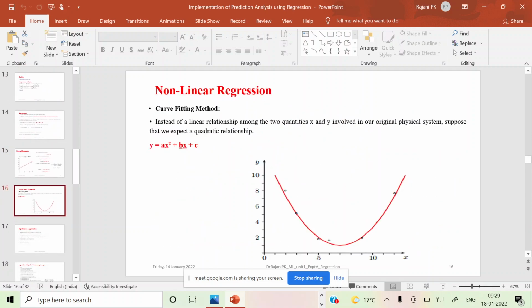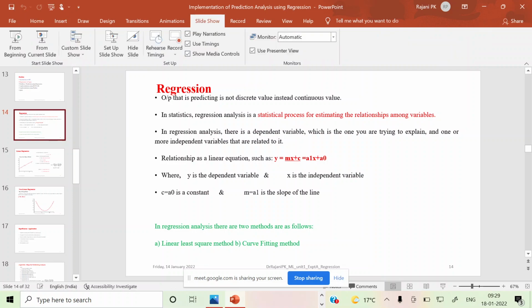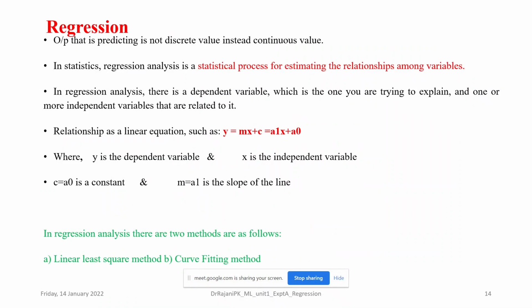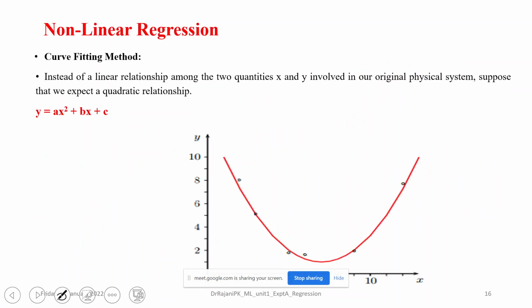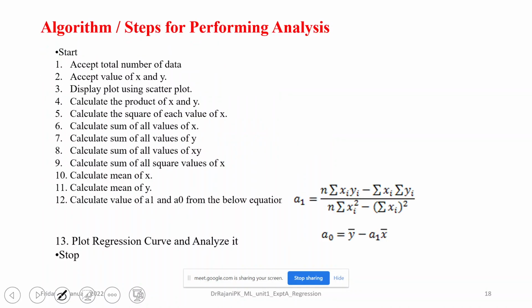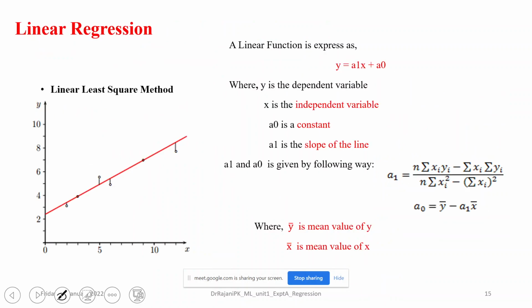So in regression, you can see that this is the regression line, the prediction line.